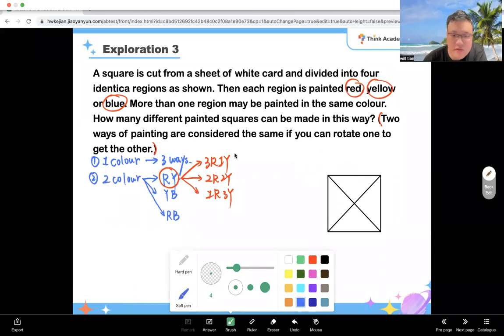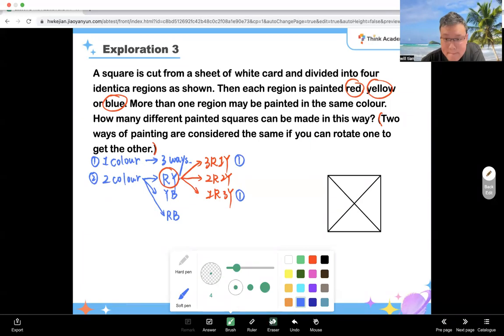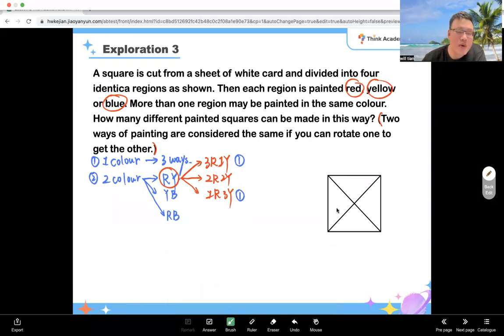So let me circle the different ways that we have. This is 1 way. This is 1 way, right? 3 red, 1 yellow will be the same as 1 red and 3 yellow. But what about 2 red and 2 yellow? Is that still 1 way? If we got 2 red, 2 yellow, how many ways are there? Yes, guys, 2 ways.